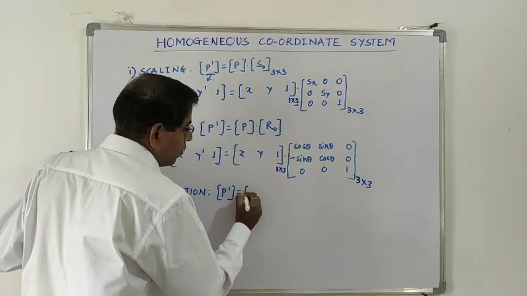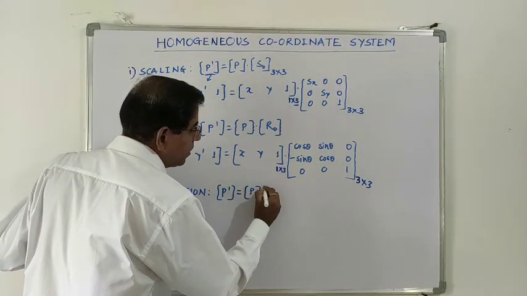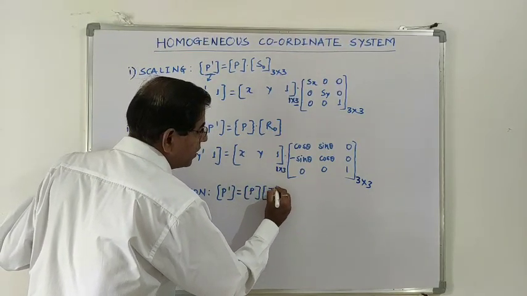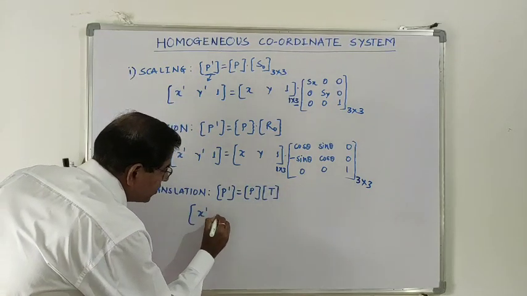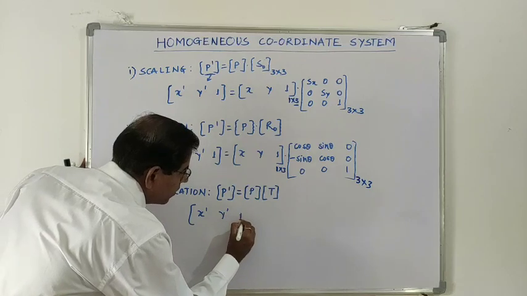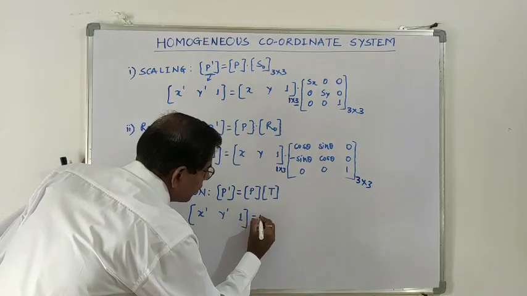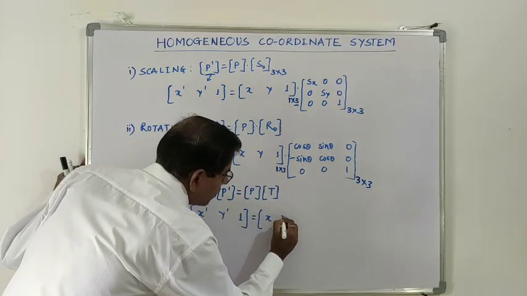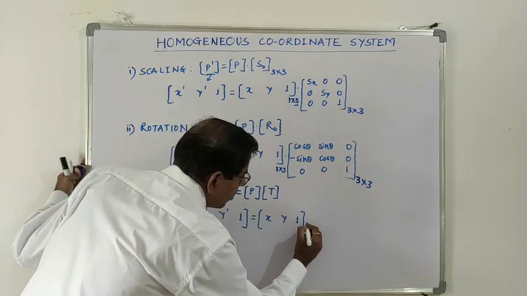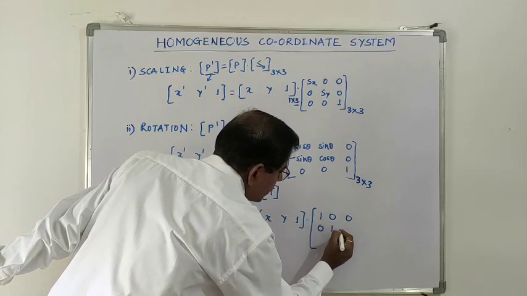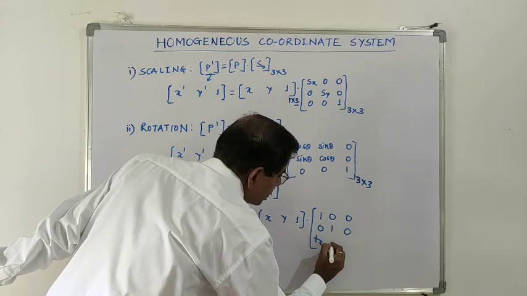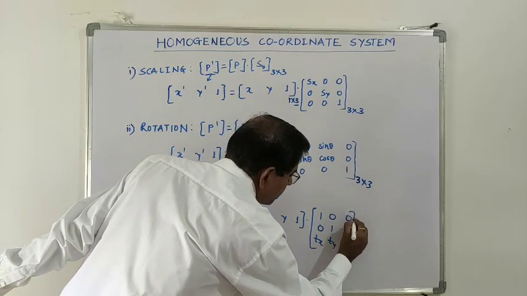So P dash is equal to P into T. P dash is x dash, y dash, 1, equal to x, y, 1 multiplied by 1 0 0, 0 1 0, tx ty 1.